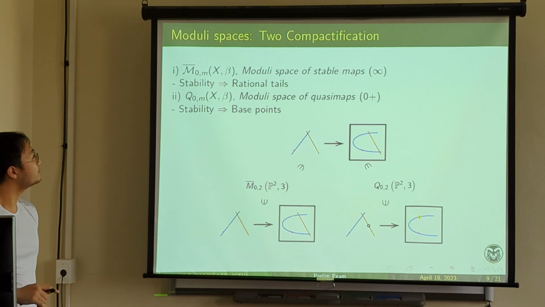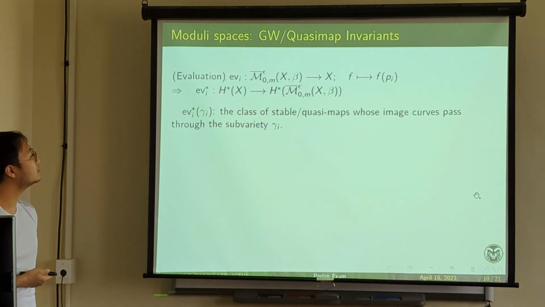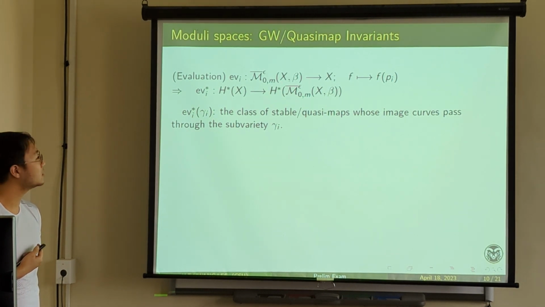So that's two compactifications of maps from P1 to target. Now, because we added some markings on the source curves, here is the role of those markings.